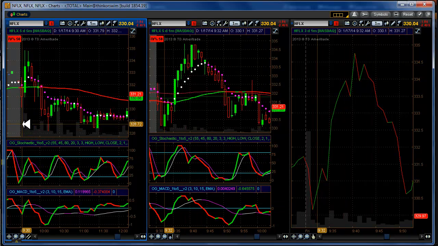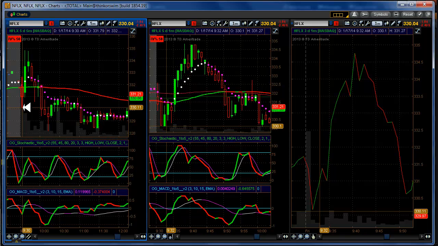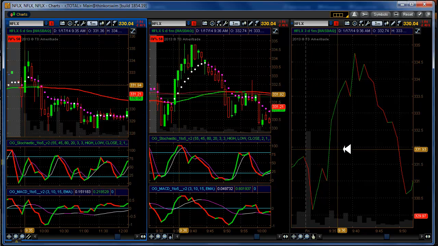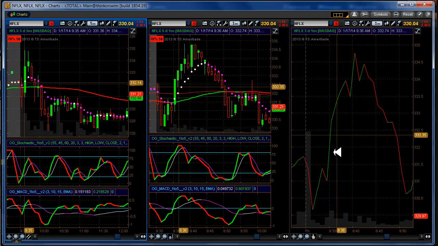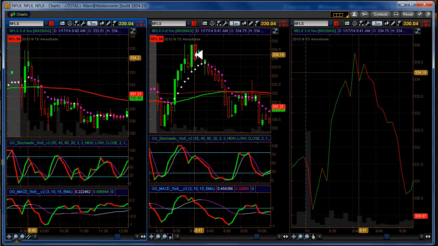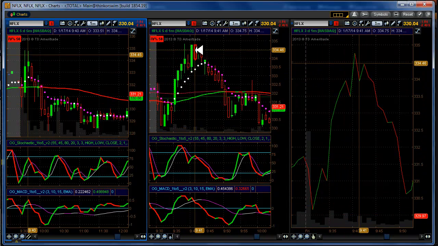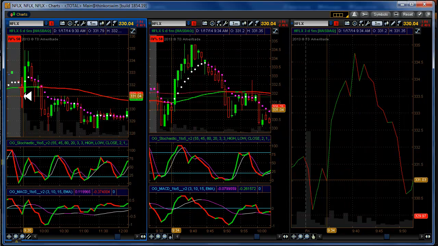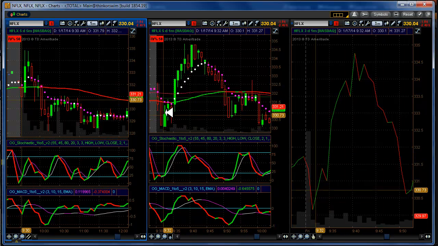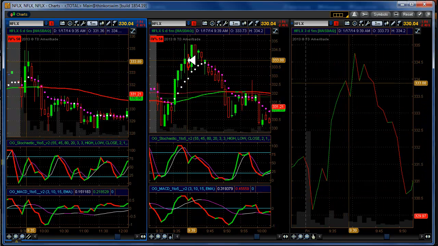So here you can see that at the open, and by the way, trading options at the open is the way to go because that's where the big move is, and if you catch it, you can make a lot of money. Like in this time period right here, this move up in the morning, which on a 5-minute chart is maybe 2 bars, but on a 1-minute chart, boom, boom, boom, boom, boom, she's moving up.